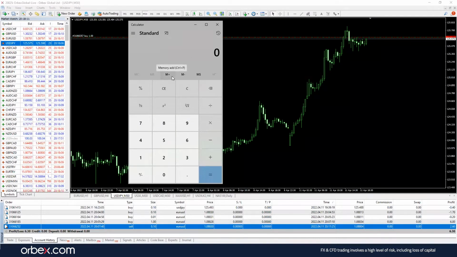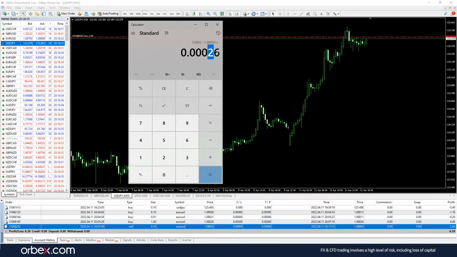So my closing price is 1.08804. And we minus 1.08830. No, I've done it the wrong way around. Actually, I need to do the open price. So 1.08830, and then minus close at 1.08804. So this 1, 2, 3, 4, this is my pip and this is my point.